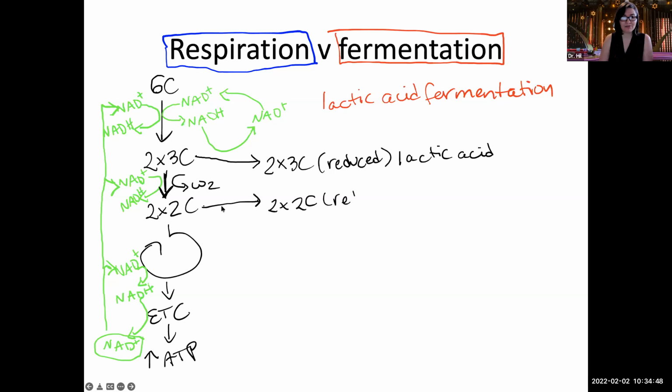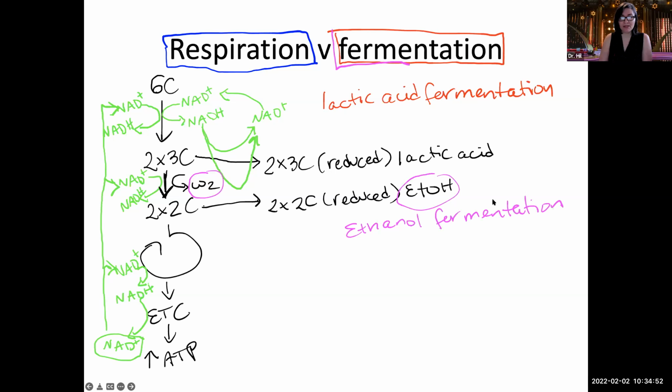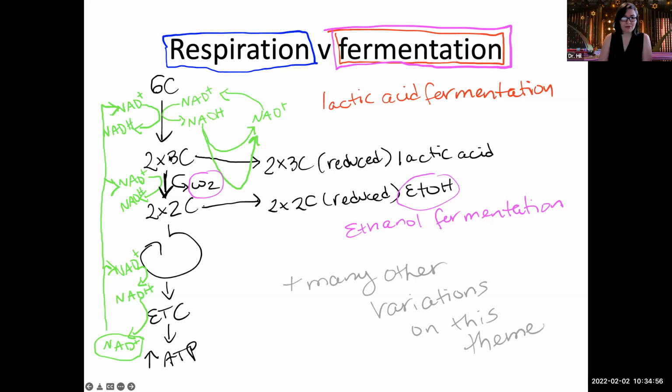This is an alternative that you also probably heard of. Maybe you didn't know the details before, but yeast instead do ethanol fermentation. They take pyruvate and go one extra step, right? They do a decarboxylation step, removing a carbon from pyruvate to make acetaldehyde. They drop the electrons onto this molecule instead, which is a derivative of pyruvate. It's still an organic molecule, to regenerate the NAD+, and that produces ethanol, a 2-carbon molecule that is the reduced form of acetaldehyde.